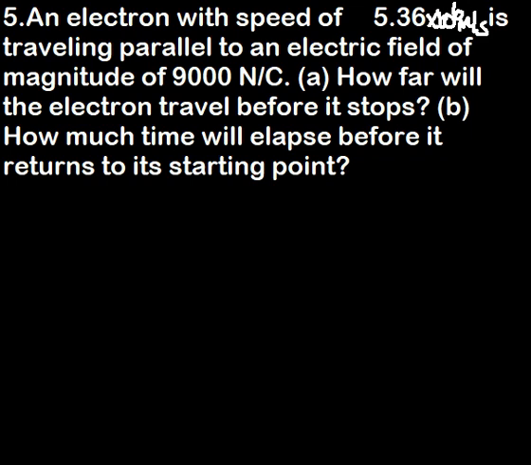And now let's say we have this question: an electron with a speed, that is the initial speed, given as 5.0 times 10 to the power 6 meters per second, is traveling parallel to an electric field of magnitude 9,000 newtons per coulomb.